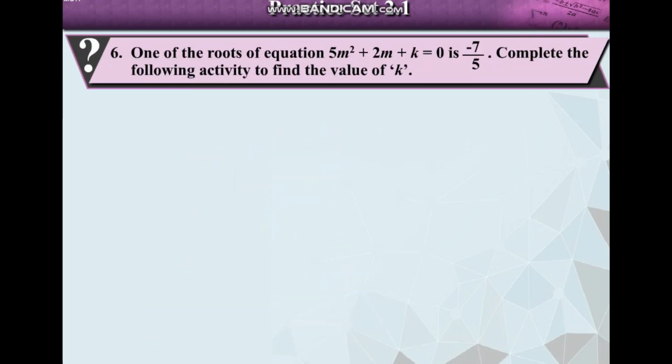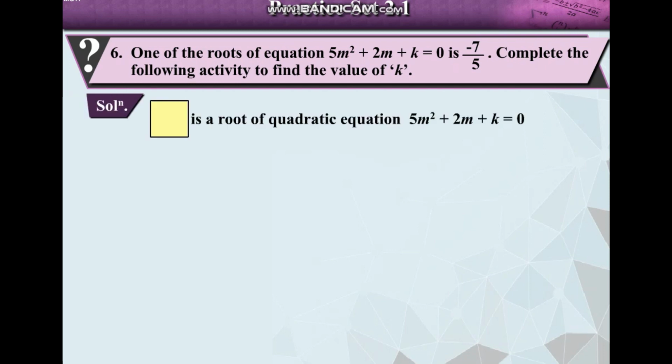6. One of the roots of equation 5m square plus 2m plus k is equal to 0 is minus 7 upon 5. Complete the following activity to find the value of k. Solution. Minus 7 upon 5 is a root of quadratic equation 5m square plus 2m plus k is equal to 0.